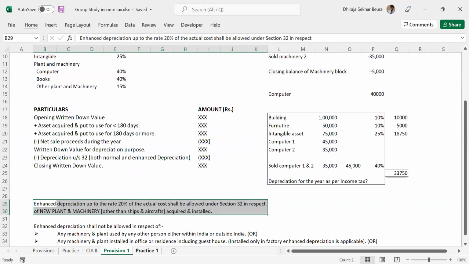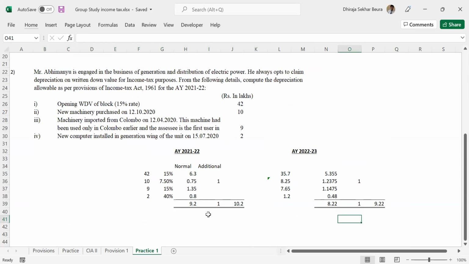Is the normal depreciation 8.21? 8.21, 8.22, both are fine. Then plus 0.825, the additional depreciation. That is incorrect. That should be exactly the same as the previous year, which is 1 here.